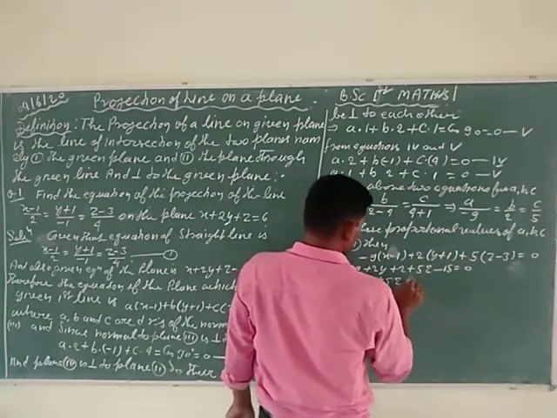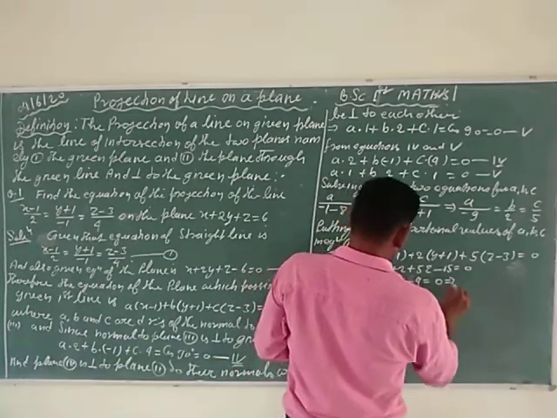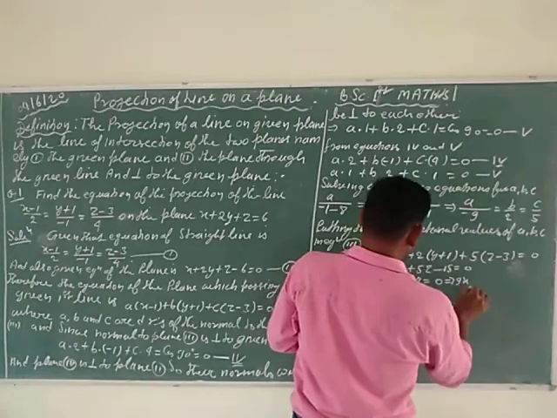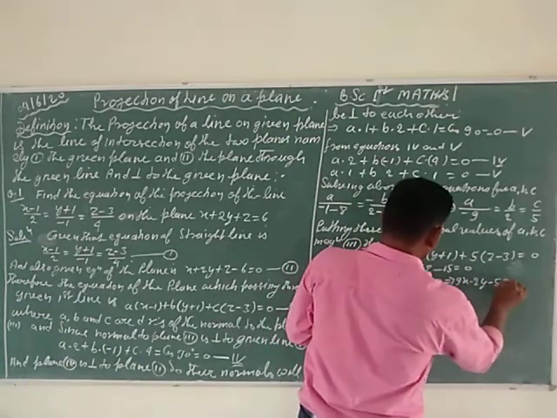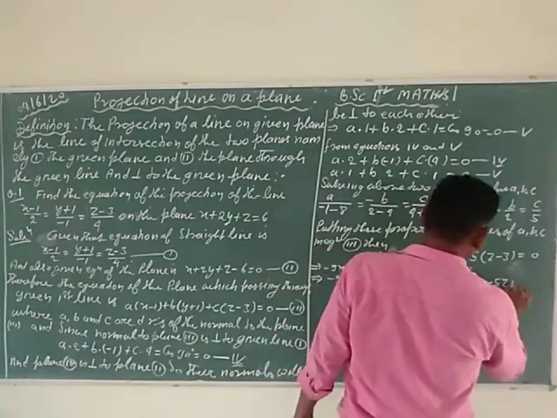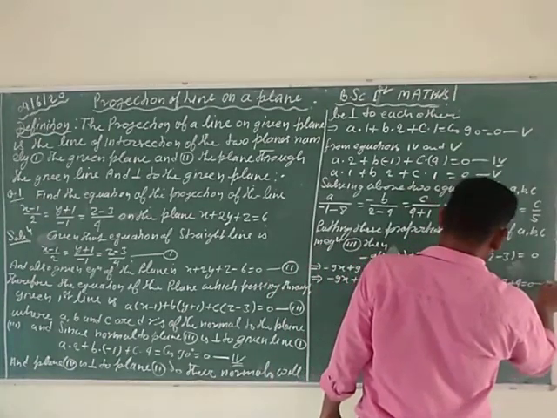So write here minus 4 equal to 0. It is implied that 9x minus 2y minus 5z plus 4 is equal to 0, represented by equation 6.